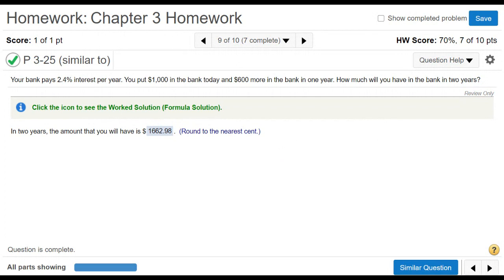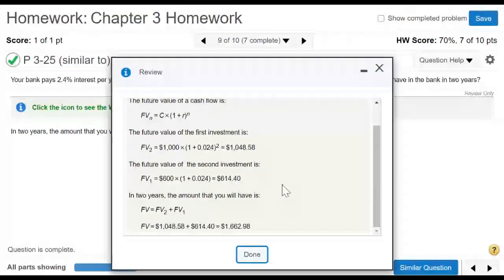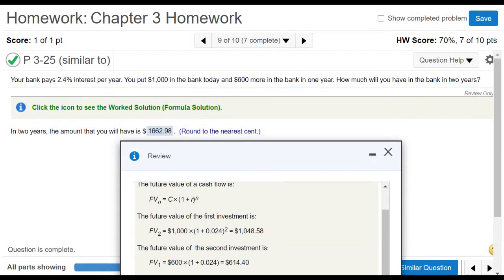So this is the trick. The part that kills everybody is that they put them together. It's two separate problems. You go into the bank today and put in $1,000, and $600 more in 1 year.